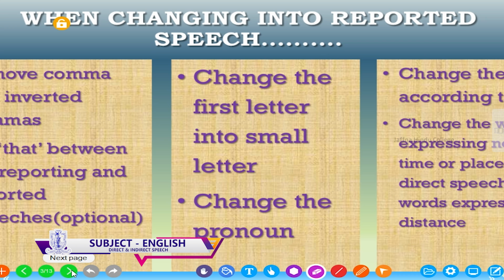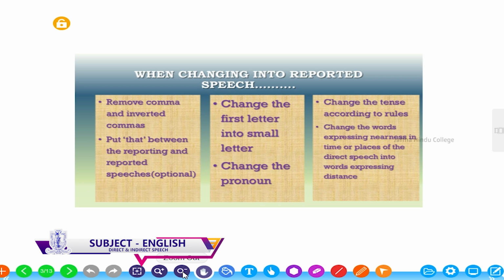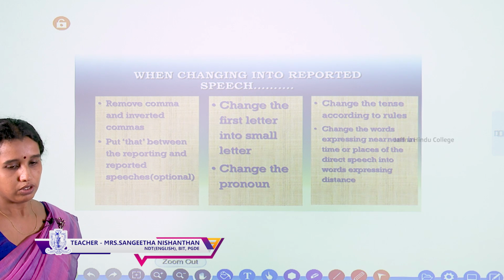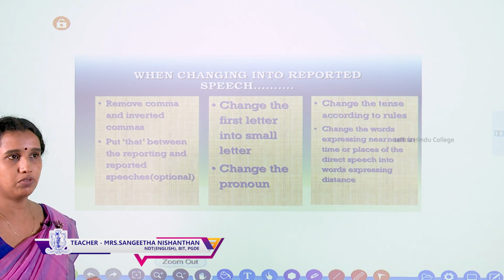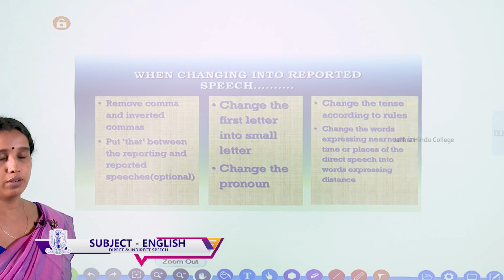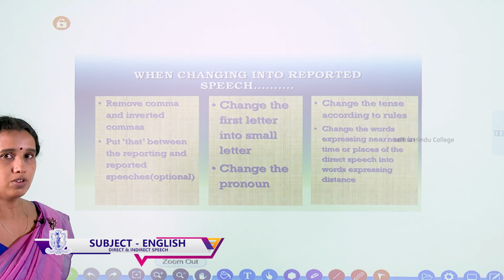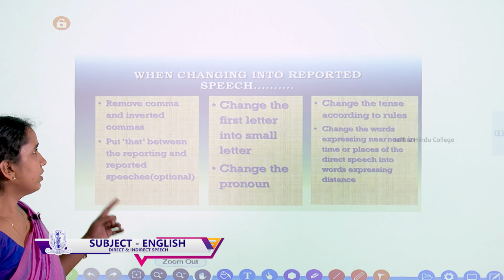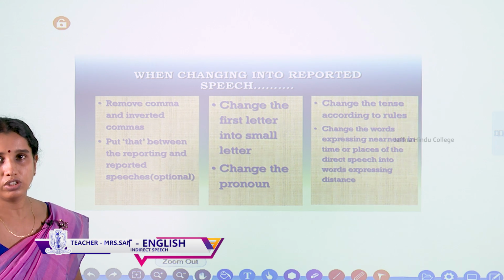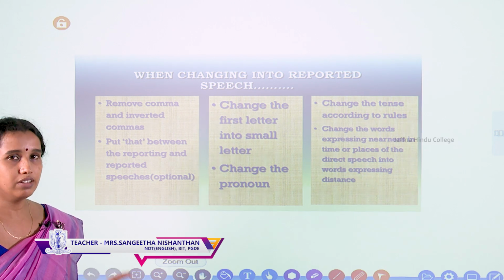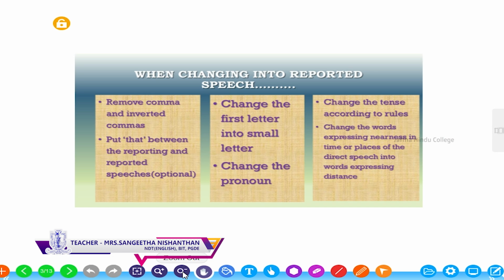Now, when changing into reported speech, we should remove the comma and the inverted commas. Usually we put a comma between the reporting speech and the reported speech. When changing into reported speech, we remove the comma and the inverted commas. Then "that" is put between the reporting verb and the reported speech.